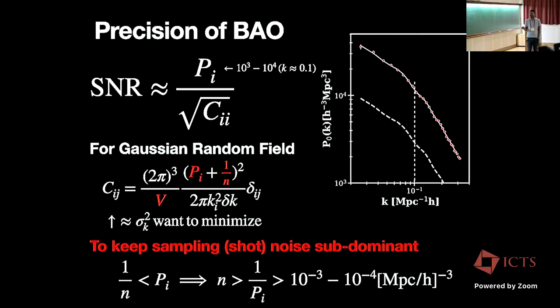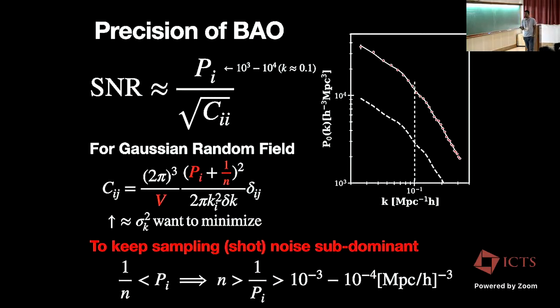If you have a higher density sample, even if shot noise is going to reduce, it's not going to help because this term is going to start dominating. And this term you already know roughly what the range is. So in other words, if I want to minimize this error, once I get to this level of number density, increasing it further doesn't help me. Okay, at least for these scales.